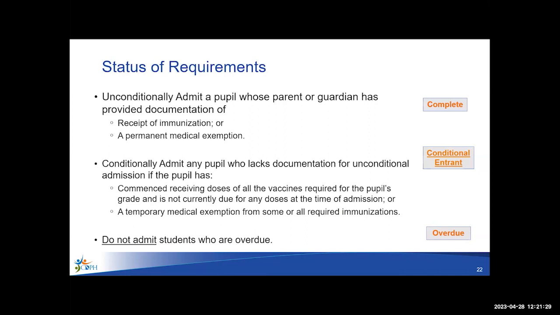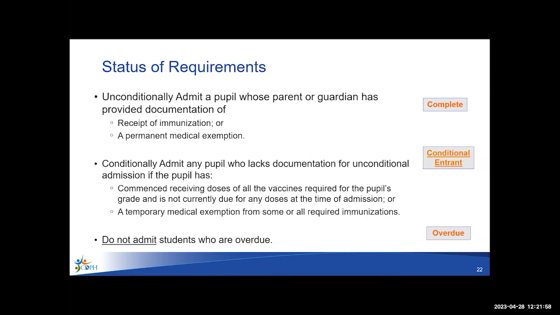Also in California law, we break down the different statuses of students. California law says to unconditionally admit a pupil whose parent or guardian has provided the documentation of immunization. So to unconditionally admit a student who has received the required immunizations or has a permanent medical exemption, and I will talk a bit more about medical exemptions.